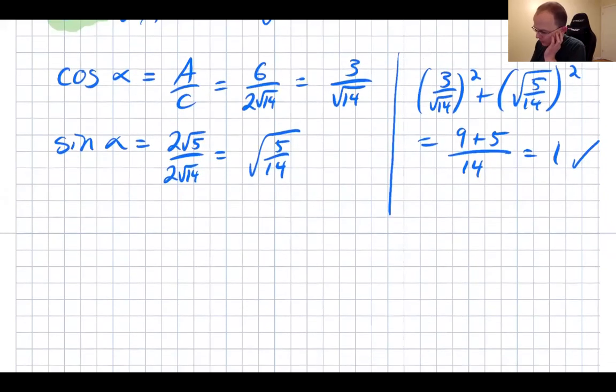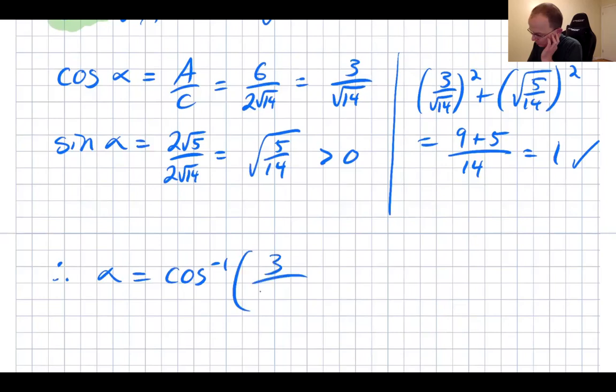Okay, so now we have that that sine is positive, and so therefore alpha will be the inverse cos of 3 over root 14. If that sine alpha was negative, then we would have 2 pi minus the inverse cos. But because sine is positive, we get just the inverse cos. Okay, let's calculate that.